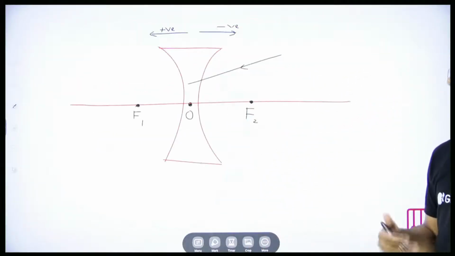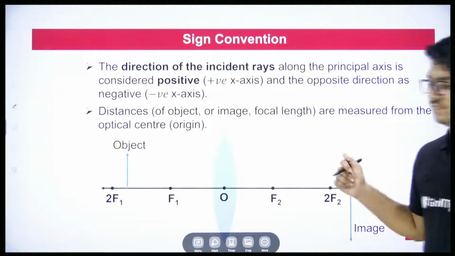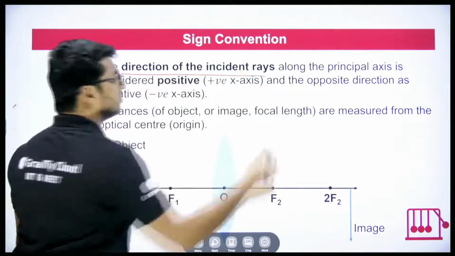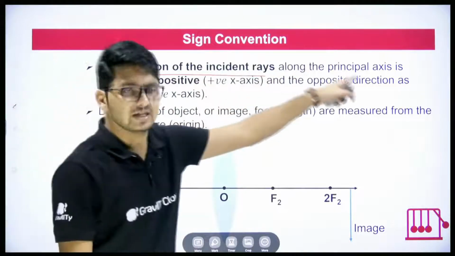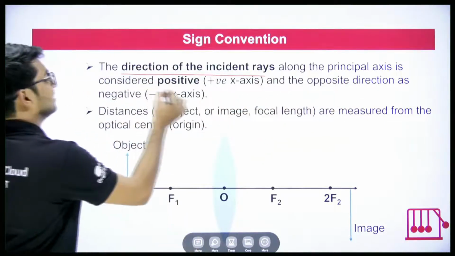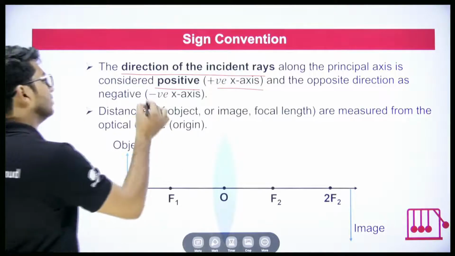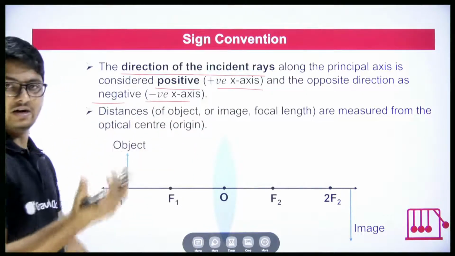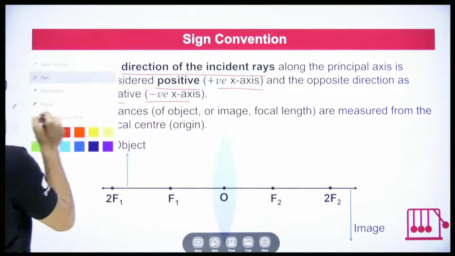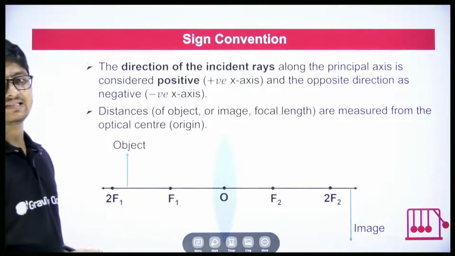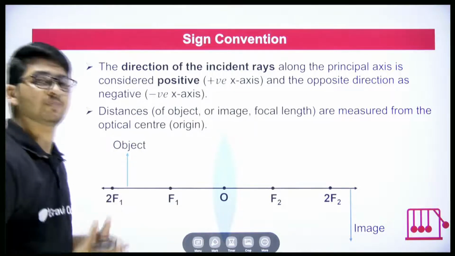Good. Now let's summarize all the points. Read the points carefully here, everyone. The direction of the incident rays along the principal axis is considered positive x-axis, and the opposite direction is negative x-axis. And one more important point: the distances are measured from which point?